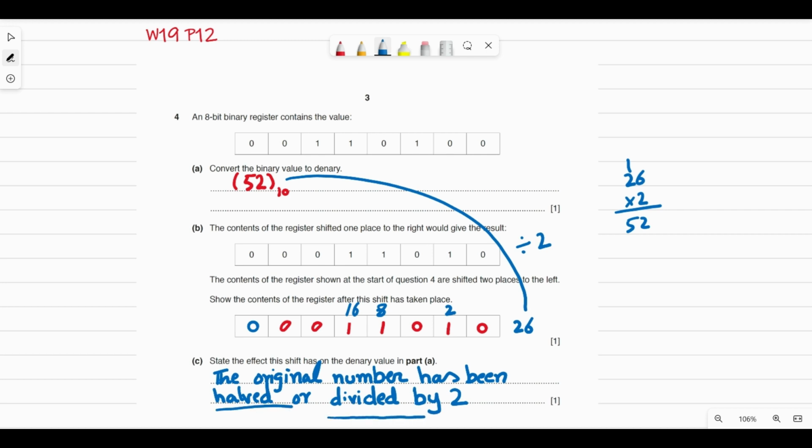This is the keyword. You should be writing divided by 2 instead of halved, if you had to choose between these two.